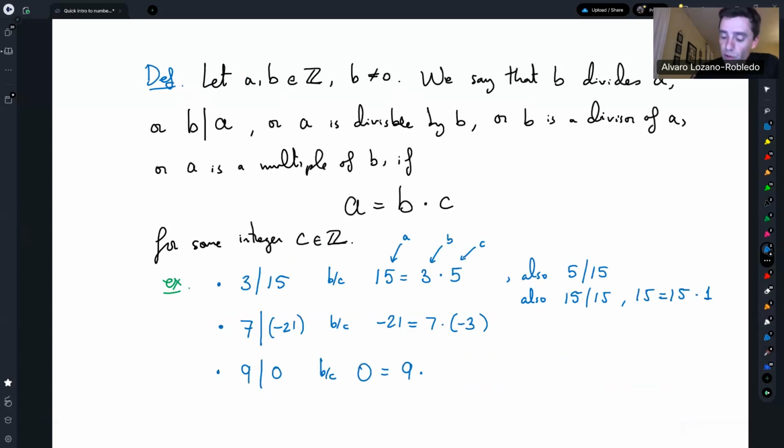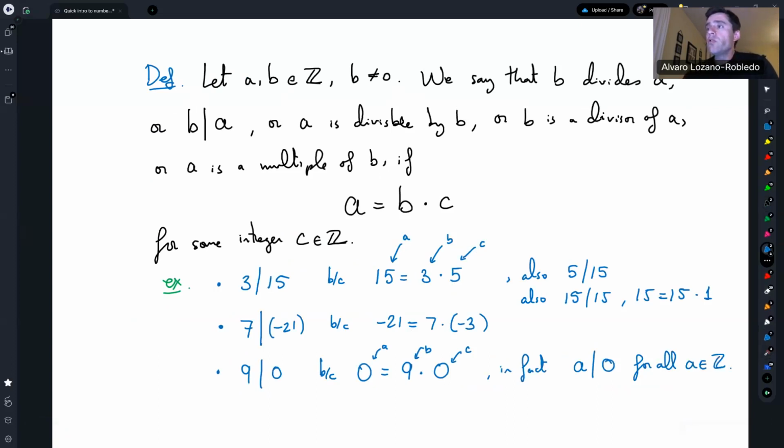What integer? The integer 0. So 0 times 9 is 0. This plays the role of c, this is the role of b, and this is the role of a in the definition. So 9 divides 0, or 0 is divisible by 9. And in fact, 0 is divisible by any number. a divides 0 for all integers a.